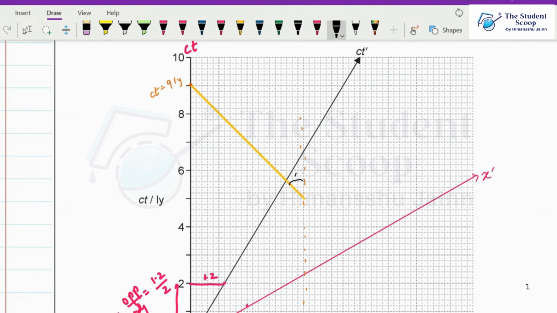This point corresponds to event E because it has a space coordinate of 4 light years. And it has to be emitted somewhere in the past, because this is the time when O observes the light, and this is the time of emission.